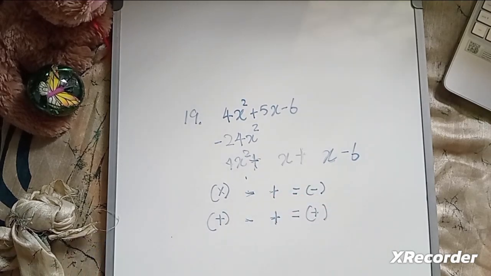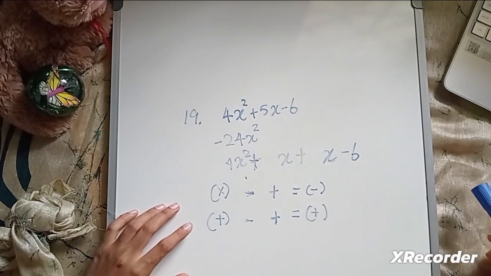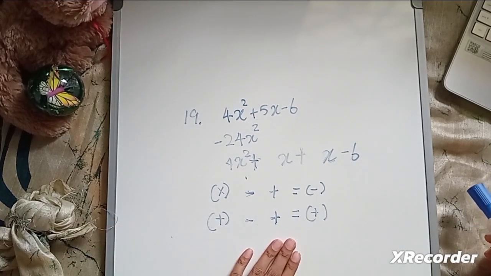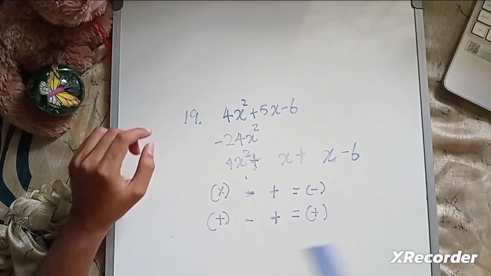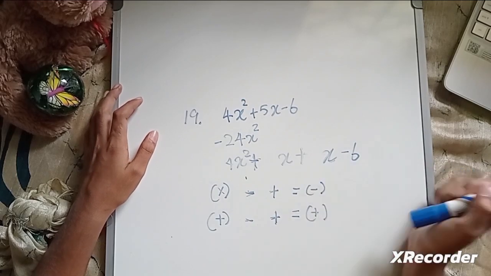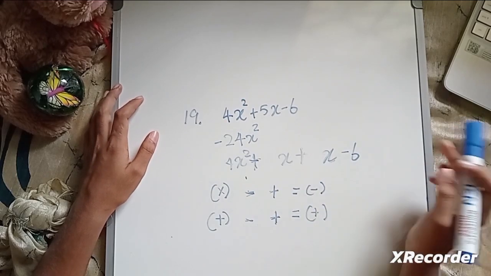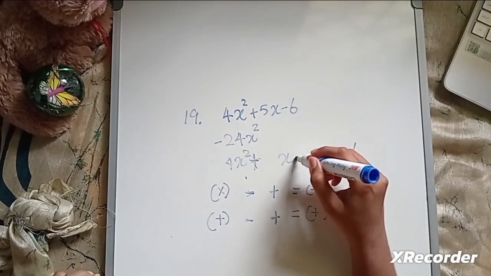This minus plus, we can get a plus value if this is bigger than this value, when we add these two. If we multiply these two, we can get the minus answer. So this is minus.